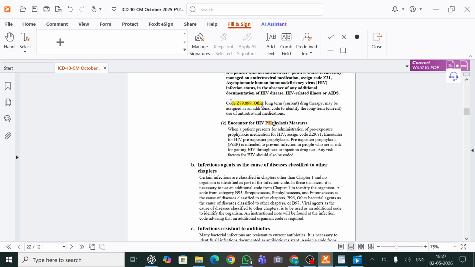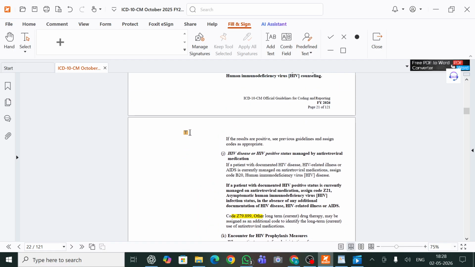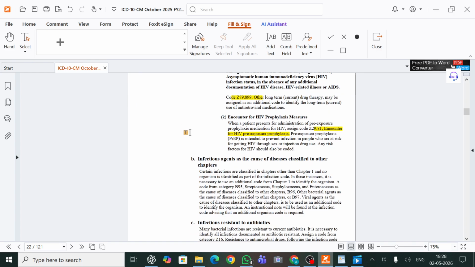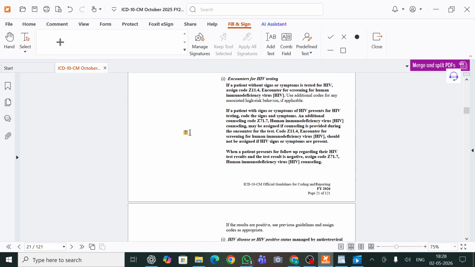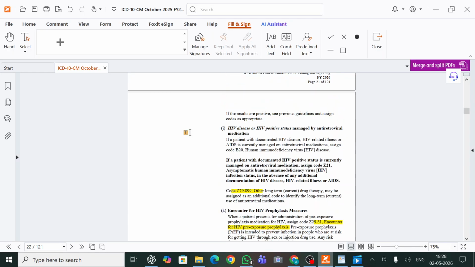At that time we will assign the code Z29.81. This is the encounter for HIV pre-exposure prophylaxis. Prophylaxis is not a confirmed diagnosis. So here the first part we covered, HIV or AIDS, all conditions and all scenarios in that section.